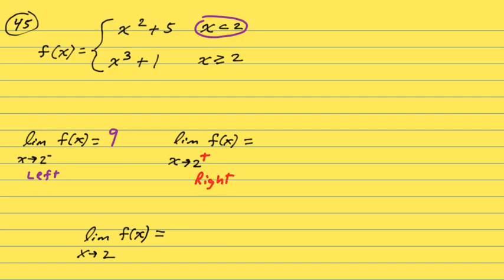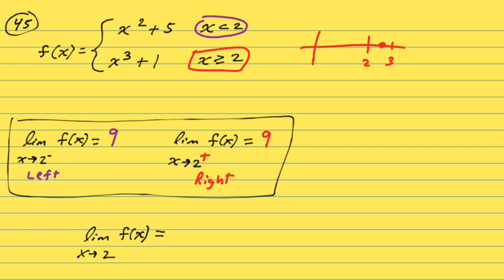From the right means bigger than 2. Think about where 2 is on a number line. Anything to the right of it is bigger than it, right? So plug a 2 in here. 2 to the third is 8 plus 1, which is 9. Does it approach the same y value from the left and right? If it does, that's the limit.